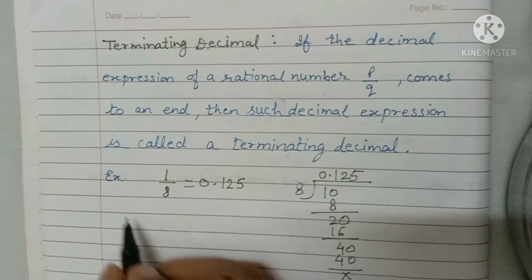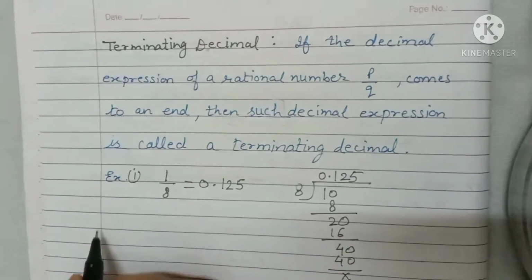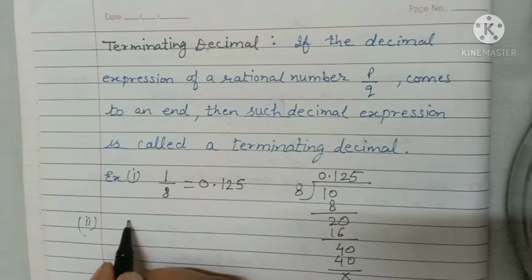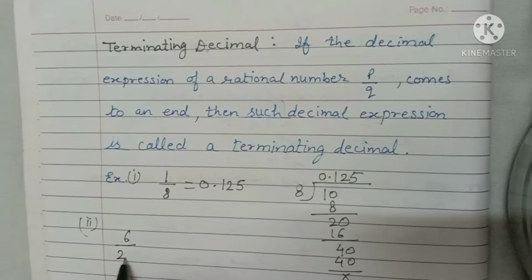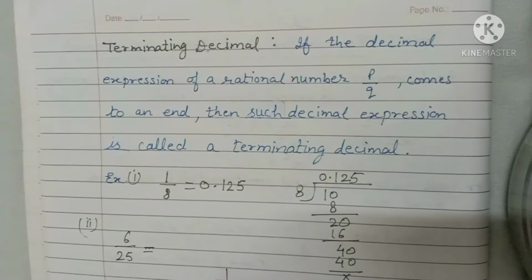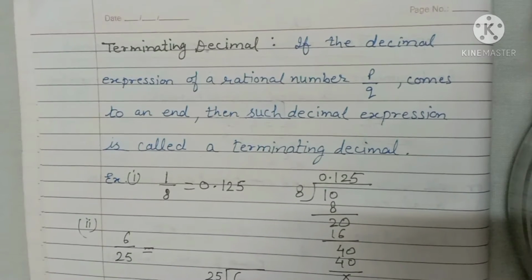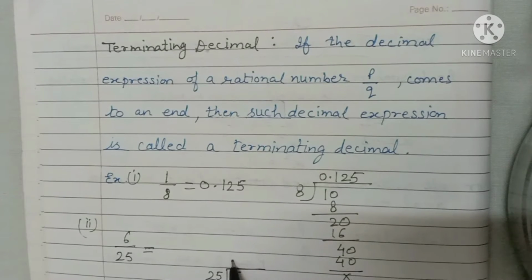Now take another example, example 2. Suppose 6 upon 25. Now express it in decimal expression. Divide 6 by 25. It will not divide.